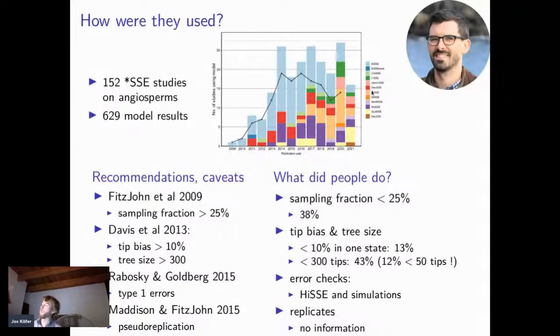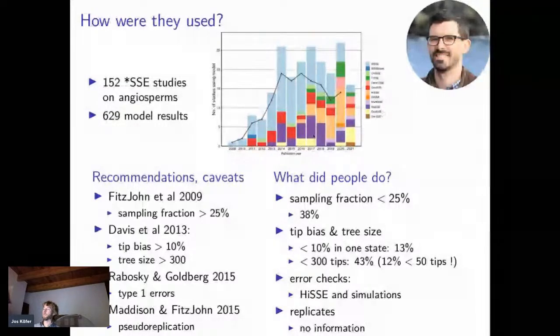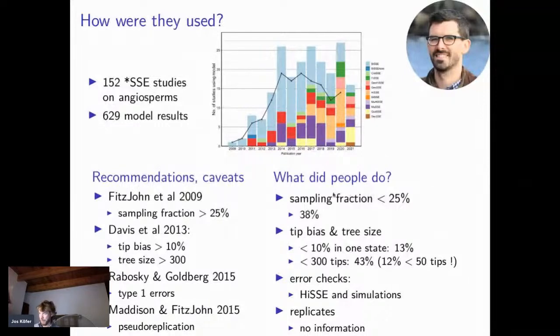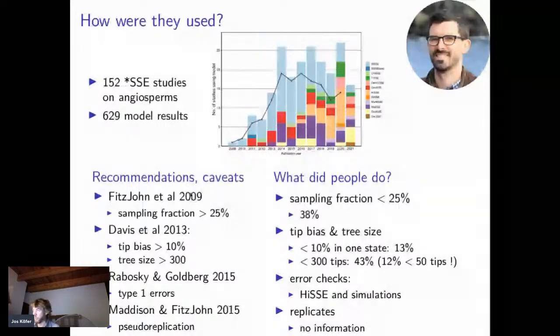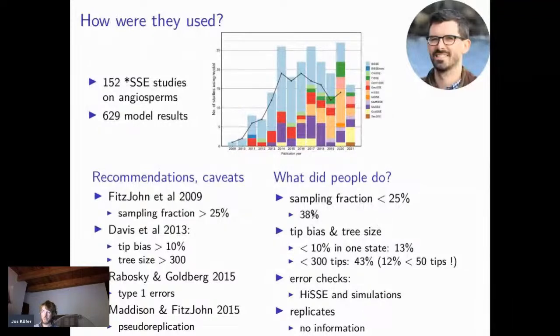So we looked in these data with Andrew at what people actually did, and some of the results were quite appalling. For sampling fraction, as Rich FitzJohn said, it should be more than 25%. We still saw that 38% of all studies had a sampling fraction lower than that. For tip bias, it's kind of okay.